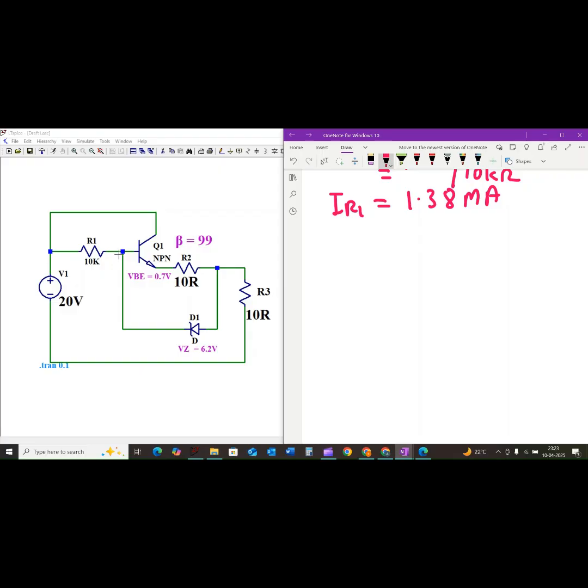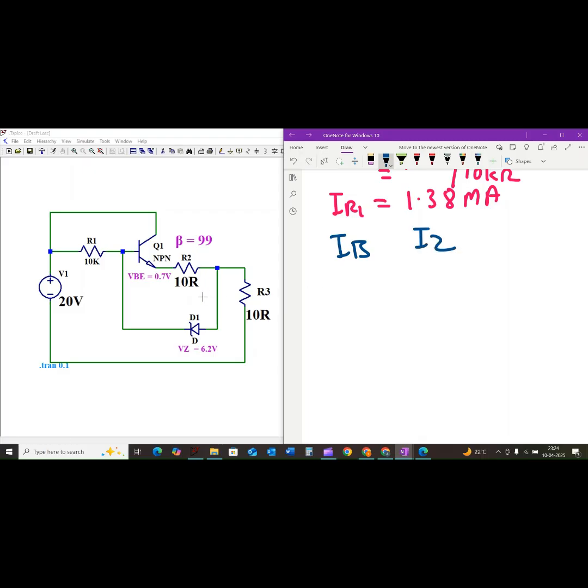Now the current through the resistor R1 has to go somewhere. Some of it will flow into the base of the transistor, that is the base current IB, and the rest would flow through the resistor R2 and partially into the Zener diode, which we can call IZ.